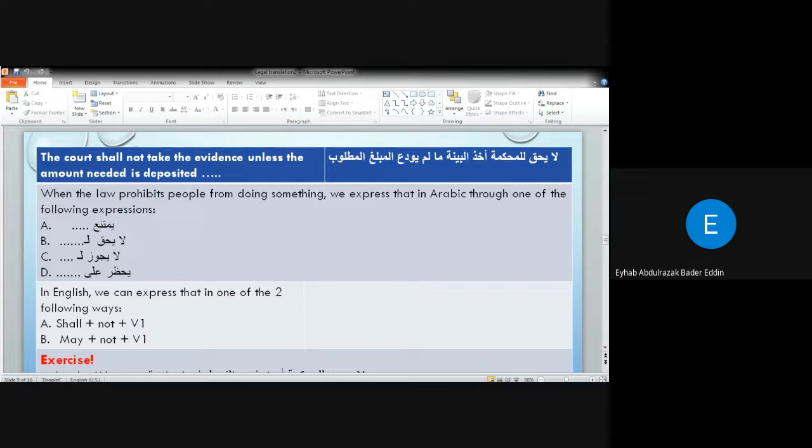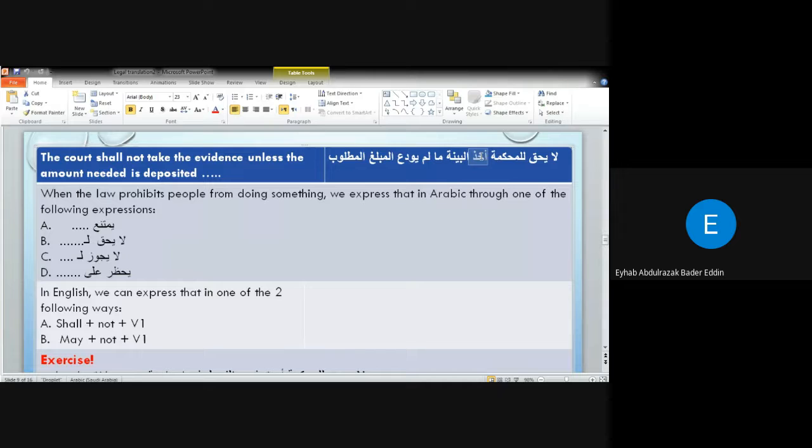We start with the verb, and when it is followed by not, we make it negative. So we just say لا يحق للمحكمة, and the verb is translated after للمحكمة, which is أخذ. So take here is أخذ.